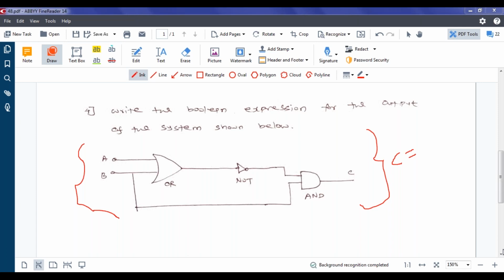We can simplify the Boolean expression. In the first unit we have studied different Boolean laws. Refer to the Boolean laws and try to simplify this Boolean expression.